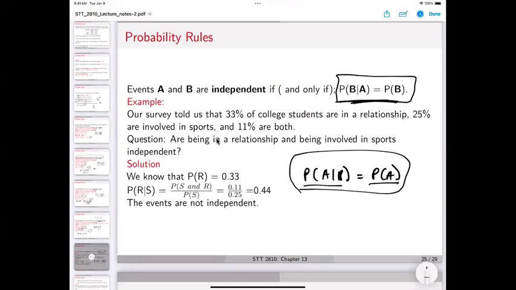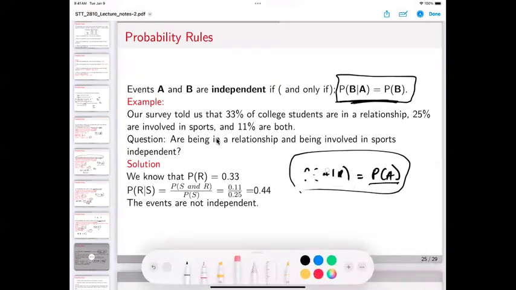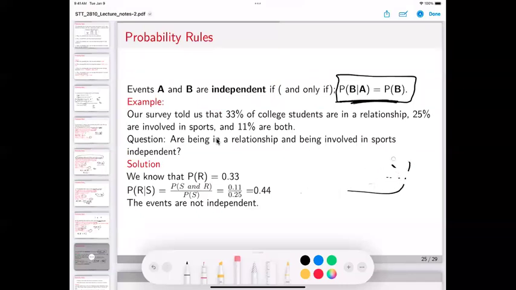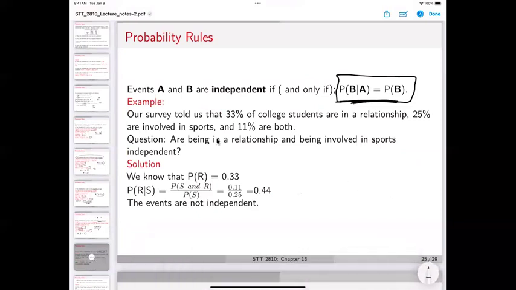So here, to be able to check if 2 events are independent, I want to use this example to explain how to implement that. We are told in the survey that 33% of college students are in a relationship.